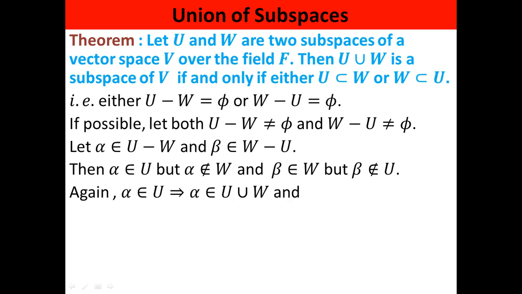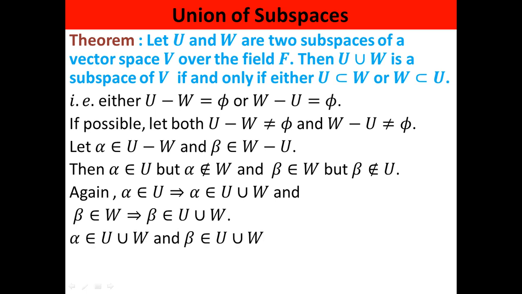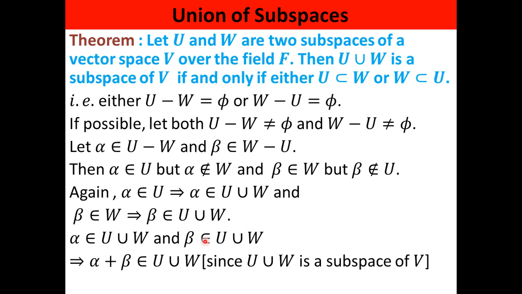Now alpha belongs to U implies that alpha belongs to U union W, and beta belongs to W implies that beta belongs to U union W. So you see that alpha belongs to U union W and beta belongs to U union W. Since alpha and beta belong to U union W and U union W is a subspace of V, therefore alpha plus beta must belong to U union W. This is given in the question, and this is the condition of a subspace.